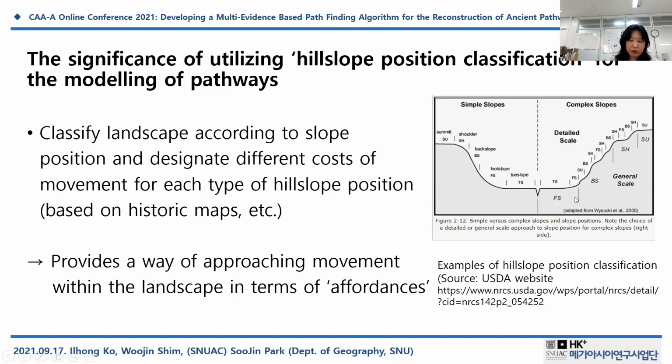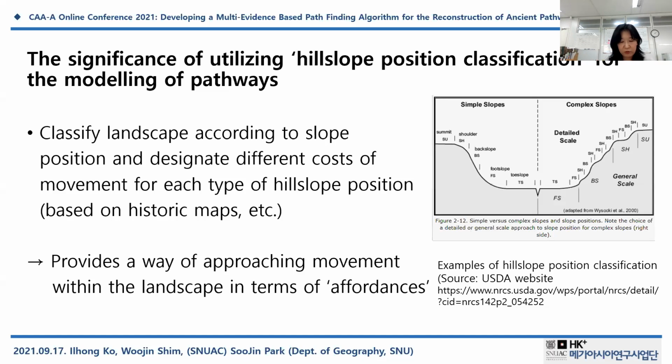Now, in our case, what we did was we classified the hill slope into 10 different units and designated for each unit different costs of movement according to the hill slope position. And we designated these costs based on various lines of evidence. So for example, it was possible to establish that prior to modernization, in the case of mountainous regions, pathways were mainly formed along the valleys, which according to the hill slope position classification would have been the toe slope.